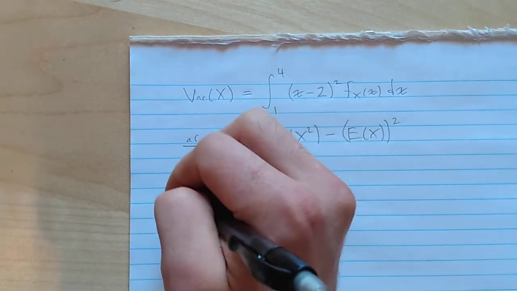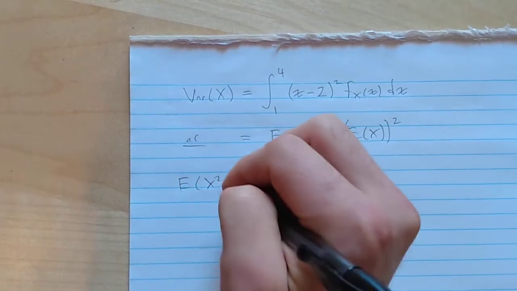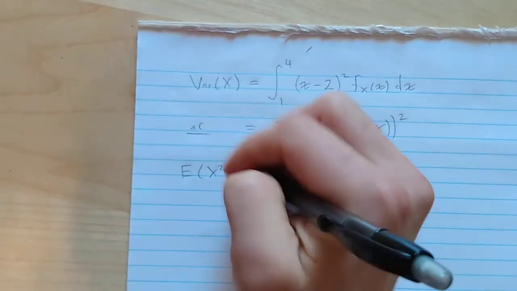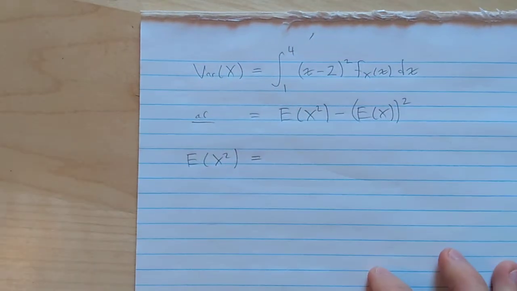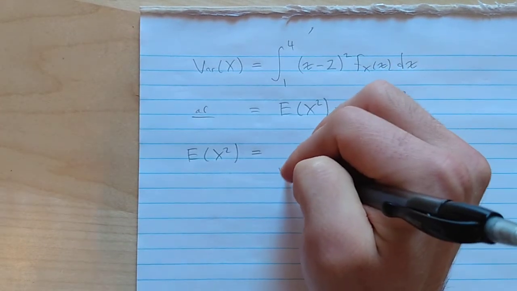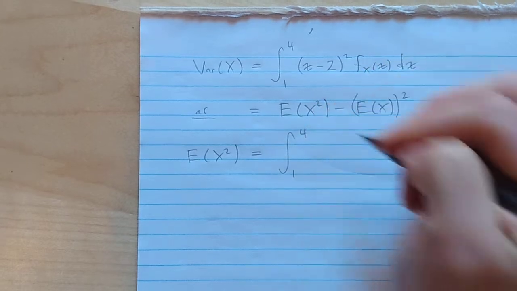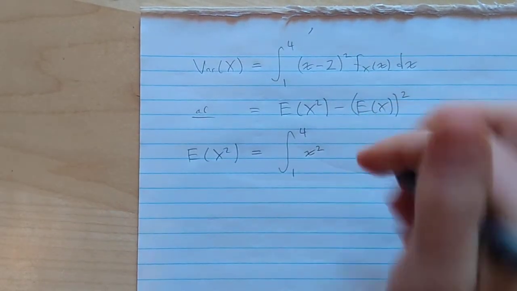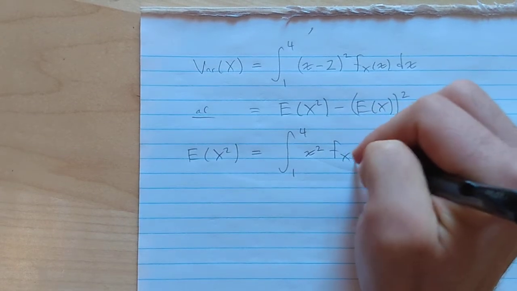So let's do the expected value of x squared. All right. And by the law of the unconscious statistician, the expected value of a thing, I'm going to integrate that thing, with little x here, times the PDF of x.